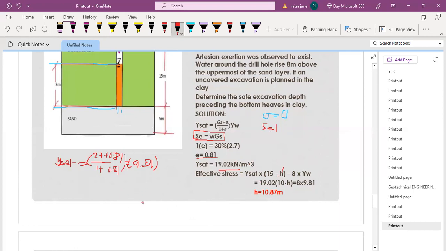This is what we drilled. Then, this is the height, we have 15, in clay at the bottom. Then here is the edge. So, our equation here will be 15 minus h.